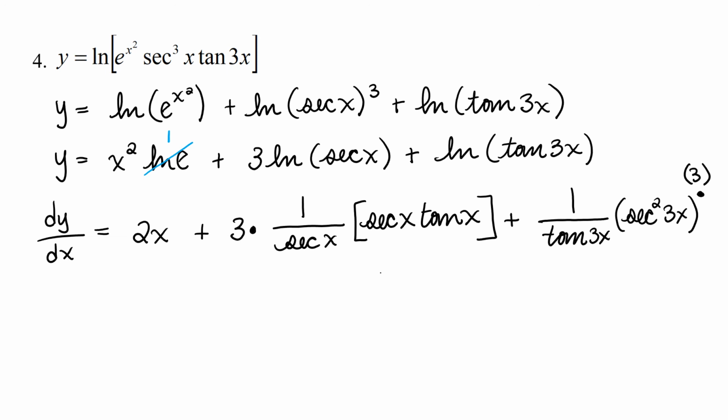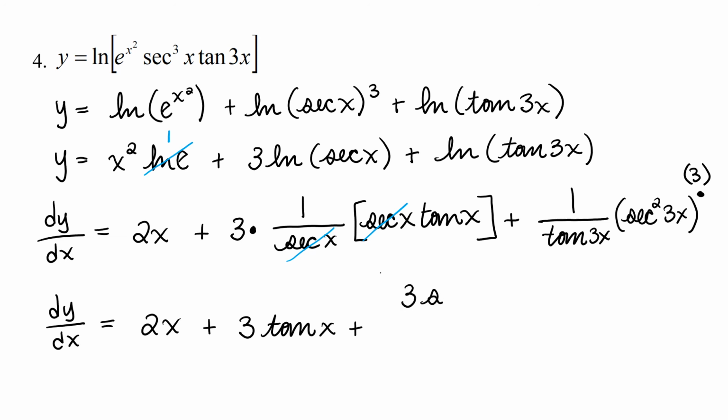And then we just want to simplify a tiny bit. So as I look at this, I'm both dividing and multiplying by secant x, so those will divide out. And now we have that dy dx is equal to 2x plus 3 tangent x plus 3 secant squared 3x all over tangent 3x.